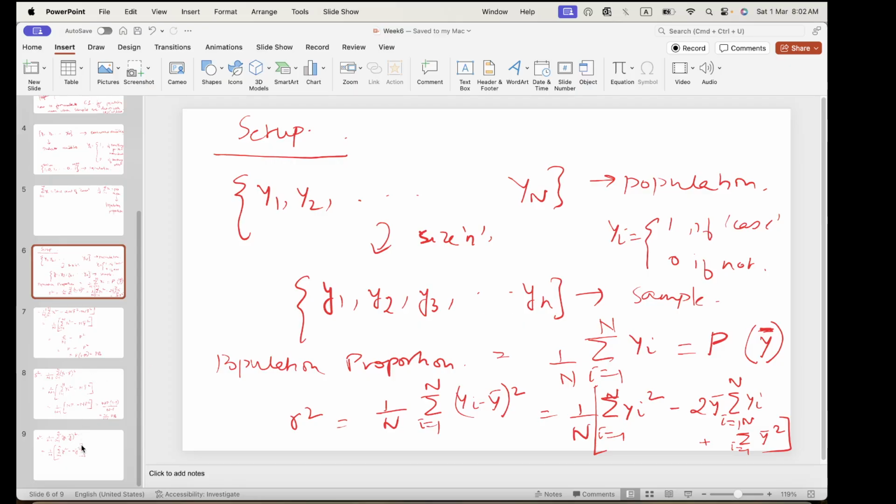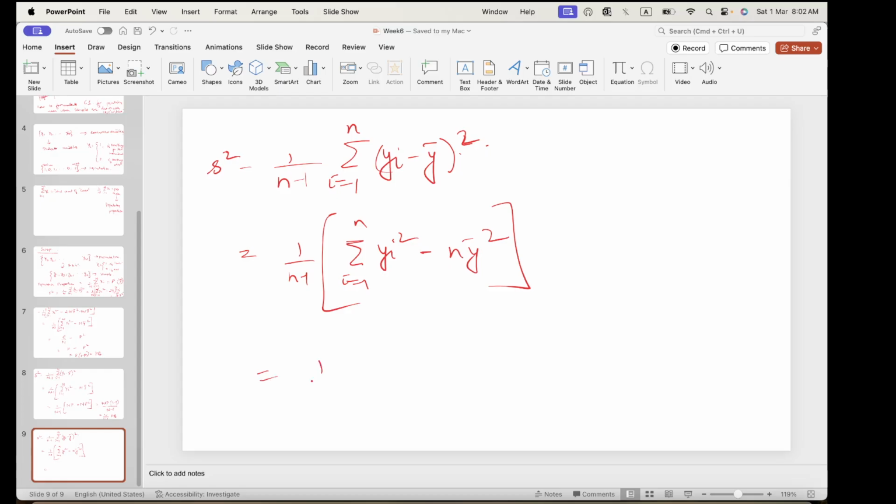So that would actually be 1 by n minus 1, n into small p, minus n into y bar, which is also small p. So this would be small p square. So this would be n by n minus 1 small p small q.